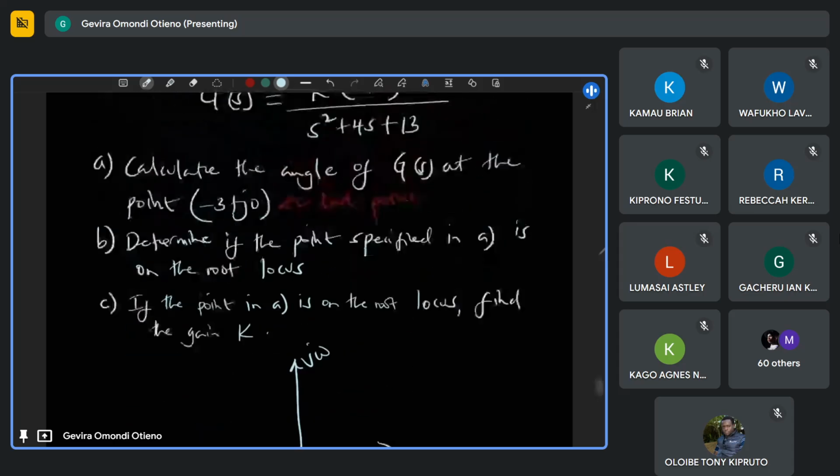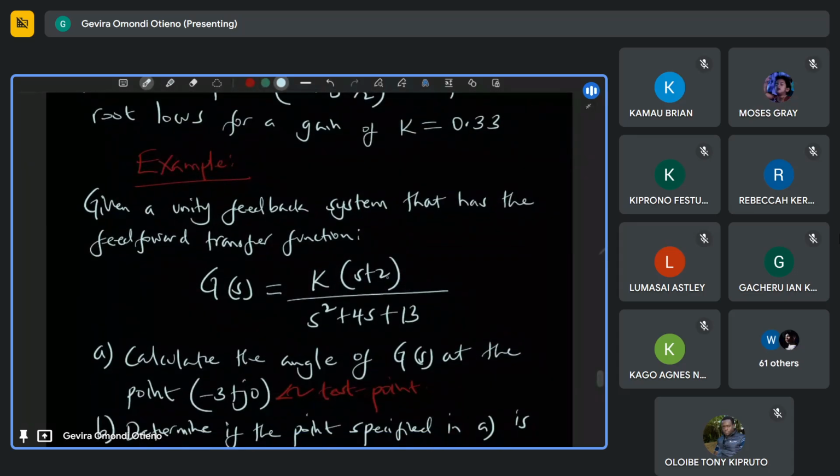Because this is a second order equation, we have 2 poles. You can always calculate these roots with your calculators.